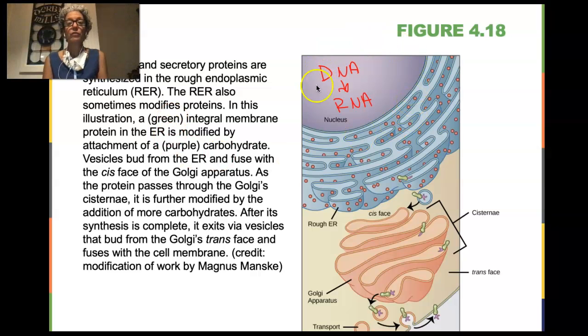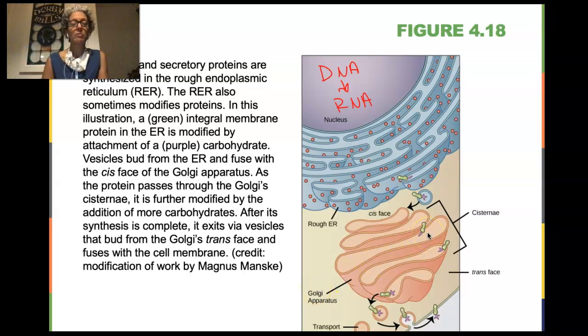This is another view of the interconnectivity of structures in eukaryotic cells. There's our nucleus. The outer membrane of the nucleus is continuous with the rough endoplasmic reticulum. And then we have this additional structure shown here called the Golgi Apparatus, because Dr. Golgi figured it out.